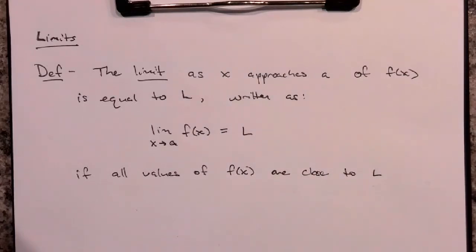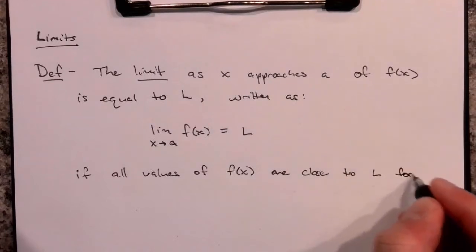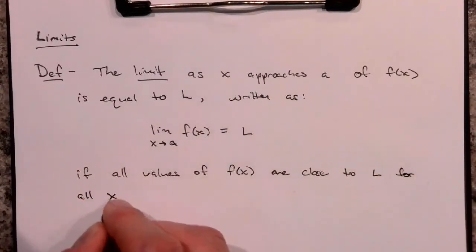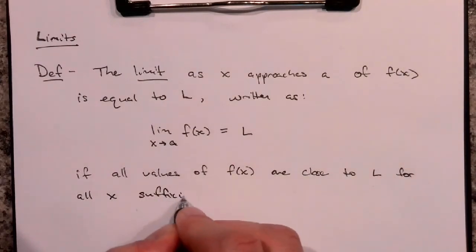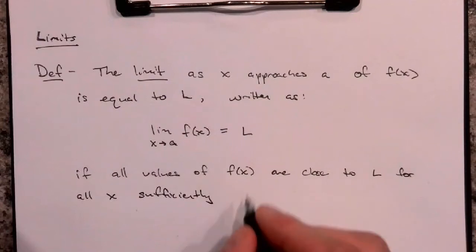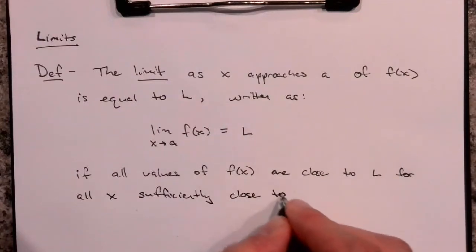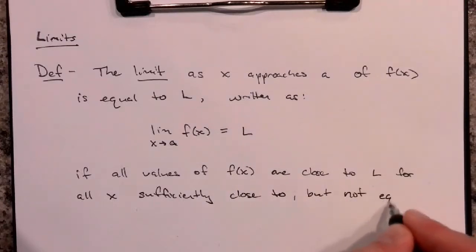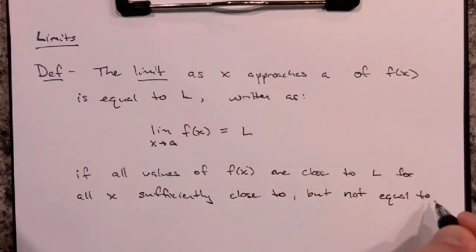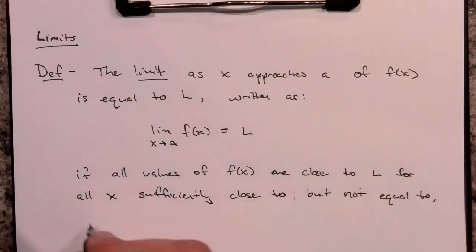So if all the y values are close to L, for all x sufficiently close to but not equal to a. So what we're basically saying here is that you're going to be looking at the x values as you approach some specific x value, which we're calling a.